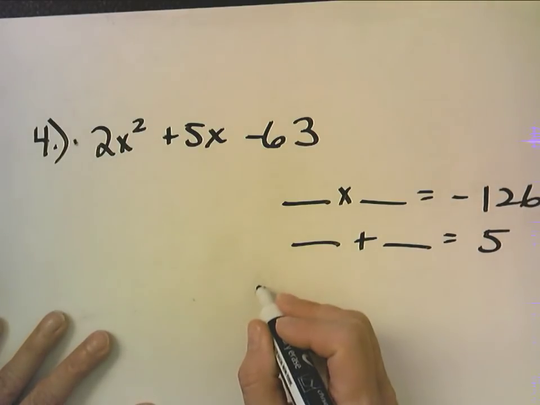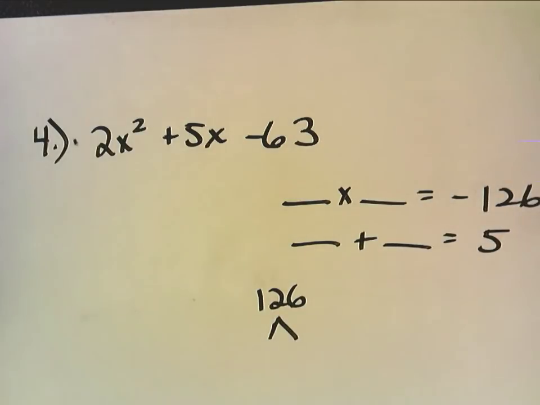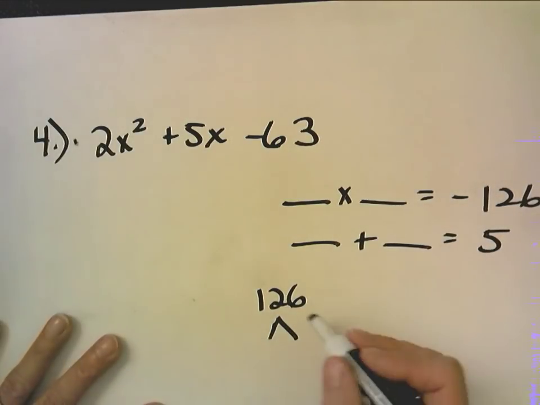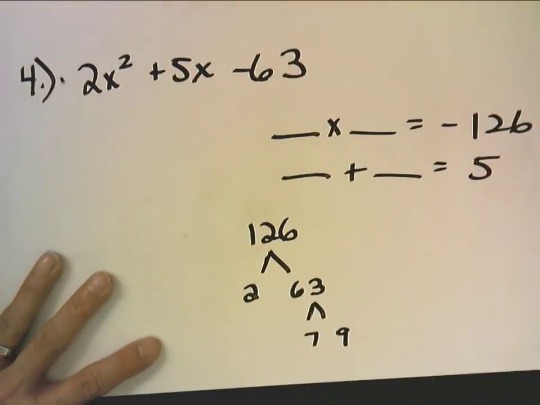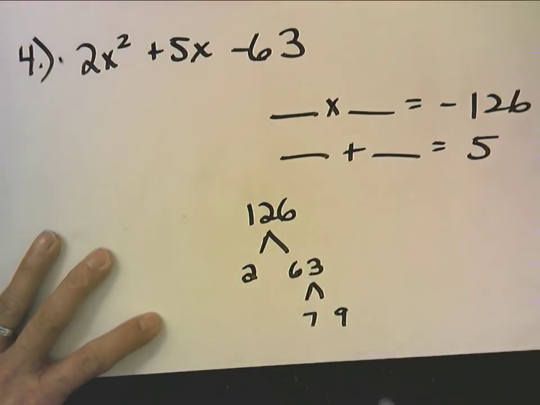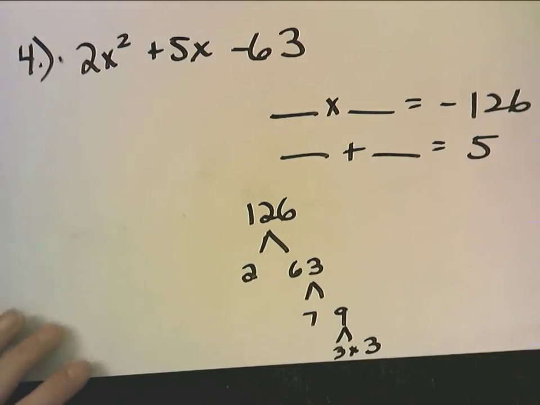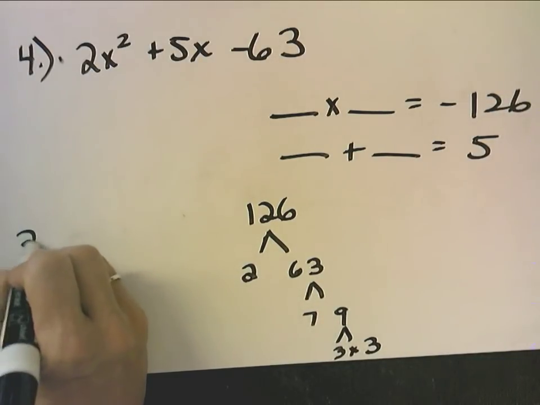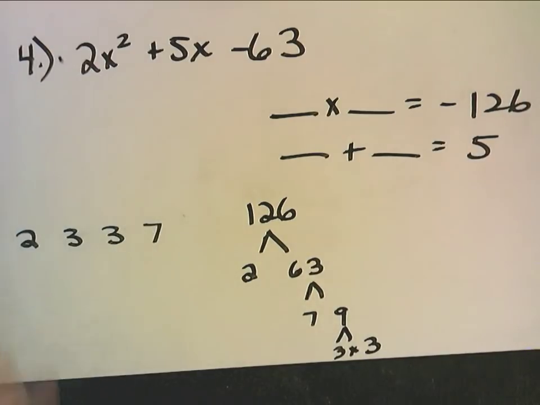So what we're going to do is we are going to factor 126. And this would be 2 and 63, 7 and 9. And then this is 3 and 3. So factors are 2 times 3 times 3 times 7.